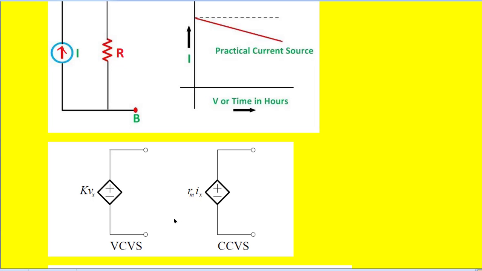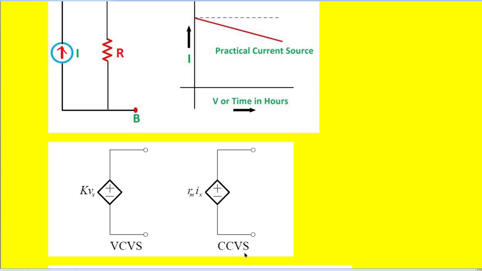Then we show its magnitude with some factor k times Vx. Here Vx is the voltage across some element in the circuit, and k is a constant. That is how we represent its magnitude.